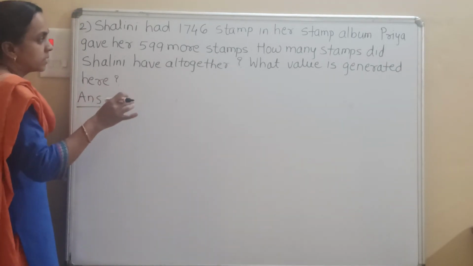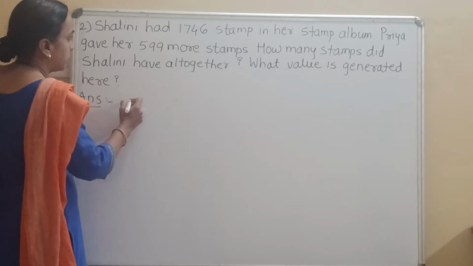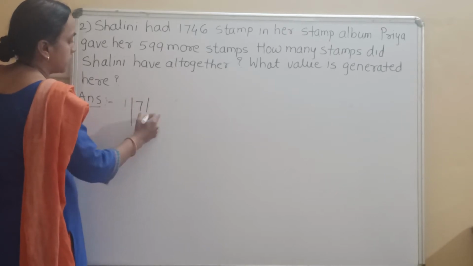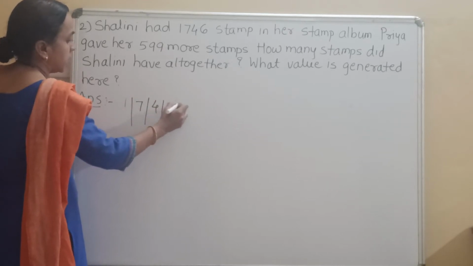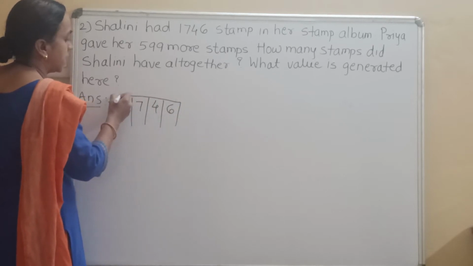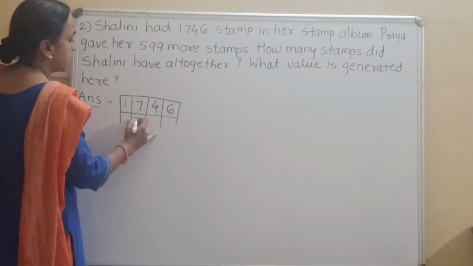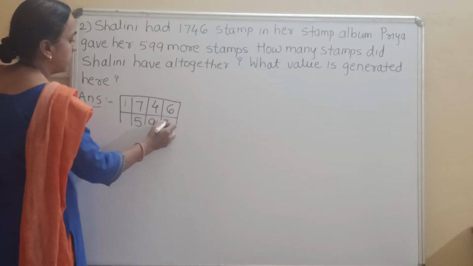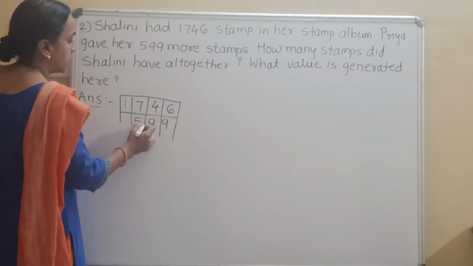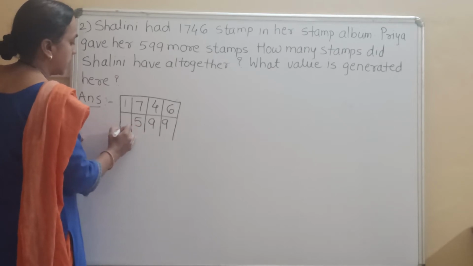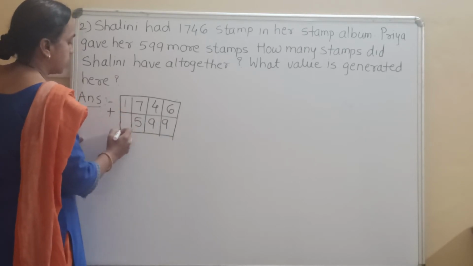All together means what do we have to do? We have to do addition here. So each number you will write in each separate box like this. Then we have to write this 599. We have to add this.